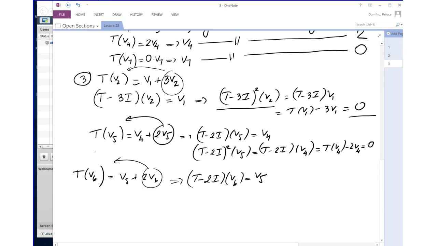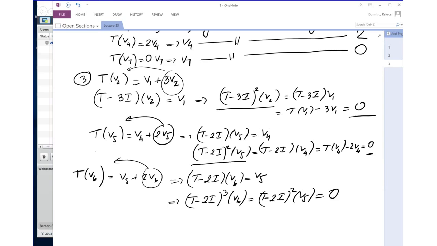Now, with V5, in order to get 0, if you look above, it's not enough to apply T minus 2 identity. I have to apply T minus 2 identity squared to both sides. So that will give me the cube on the left. And finally, 0 on the right.